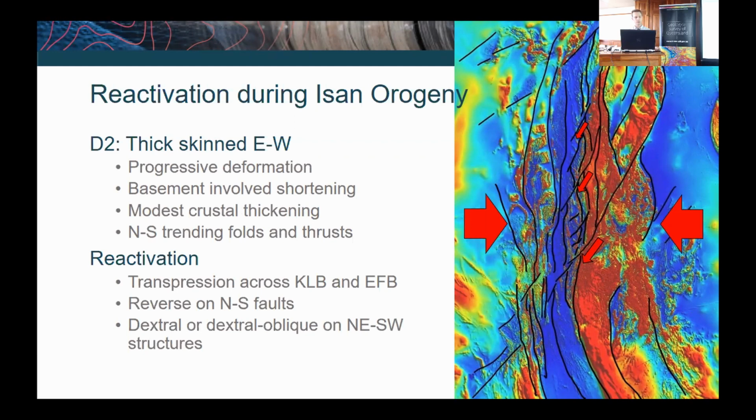What we also see is that we've got these northeast southwest striking faults, and we're going to get dextral or dextral oblique motion on those, and reverse on north-south faults. And one of the things that I picked up in the data is quite a lot of transpressional structures throughout the main belt of the Mary Kathleen and Chalcodon Leichhardt belt.